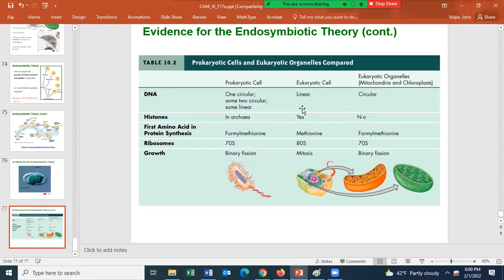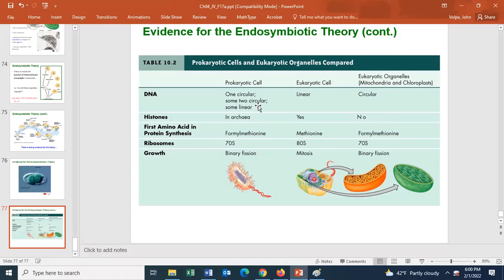And when we sequence the DNA, it falls within the eukaryotes. When we sequence the DNA of a bacteria, it's one circular molecule of DNA, and it falls within the domain bacteria.